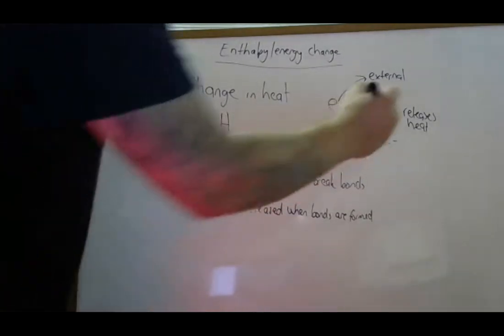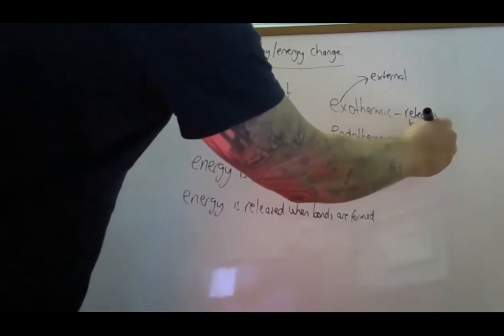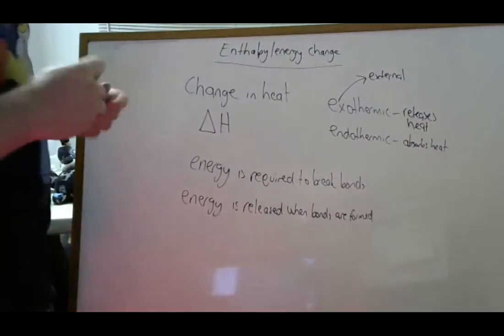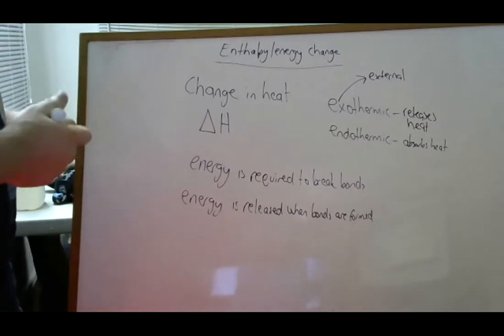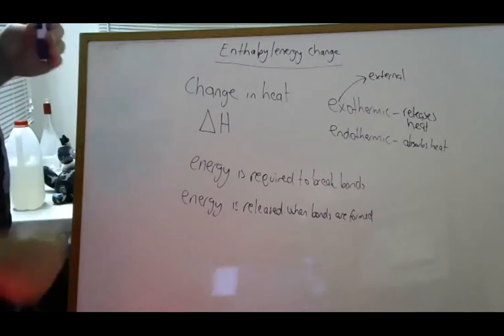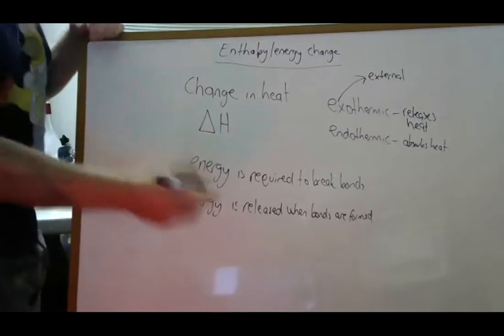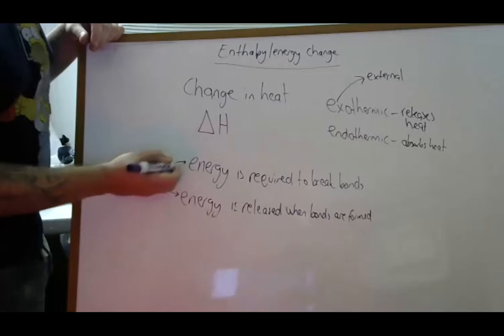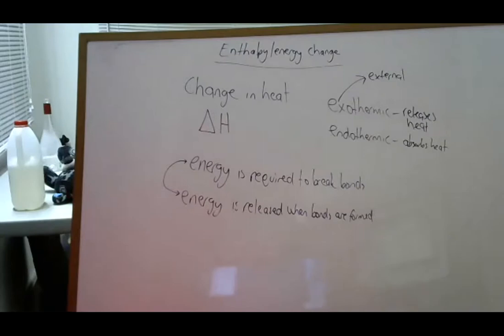So one way to think about this: in an endothermic reaction, more energy was required to break the bonds than we got from reforming them. In an exothermic reaction, less heat was required to break the bonds than we got from reforming them.